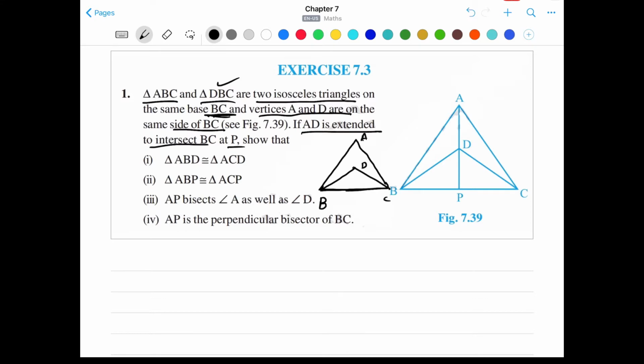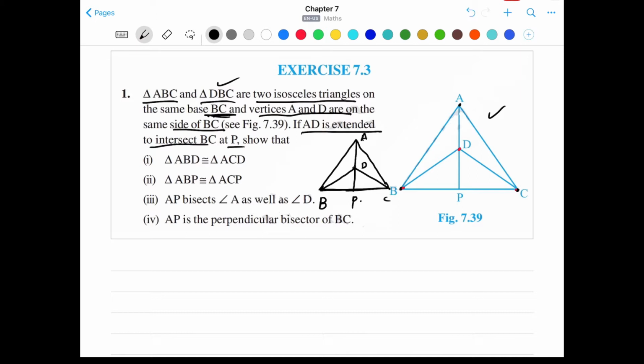Then it further says that vertices A and D are joined, and AD is extended to intersect BC at point P. That's how we got this figure. So initially we have two triangles: the first is triangle ABC, and the second is triangle DBC.